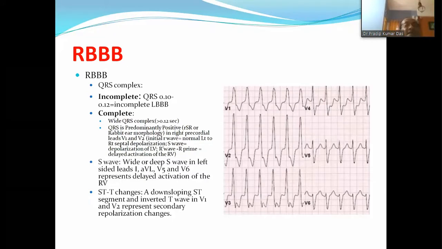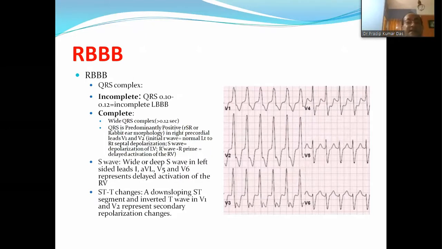From here we will see more elaborately that the QRS complex is wide in RBBB in this ECG. In incomplete RBBB there will be a normal shaped QRS complex, and in complete RBBB the width of the QRS complex will be 0.12 second or more. It is predominantly positive, that is an RSR pattern in V1, with a wide deep S wave in the left-sided lead.